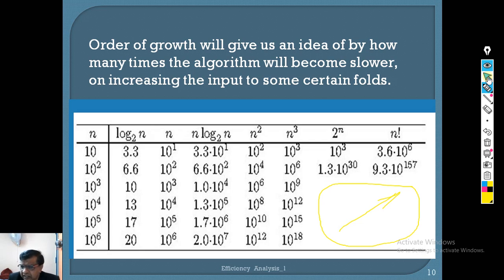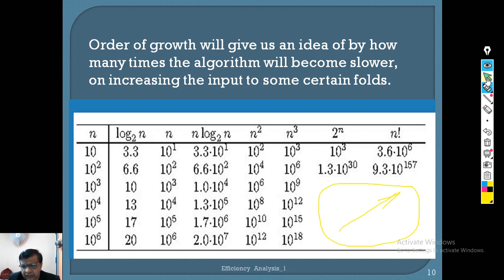Time efficiency analysis can be done under a framework, particularly for non-recursive algorithms. This framework involves defining the input size and finding a unit for the running time. The input size depends on the nature of the problem, while the running time comes out as a number, which is called the order of growth.